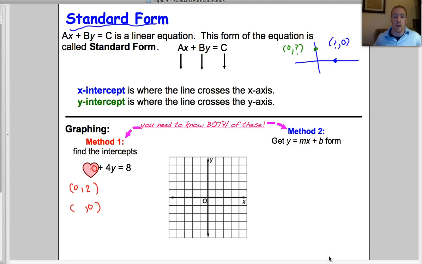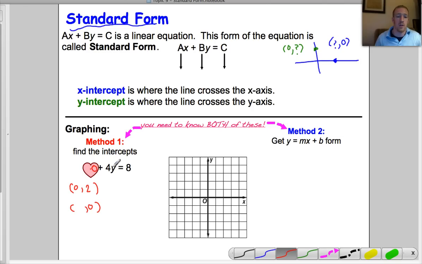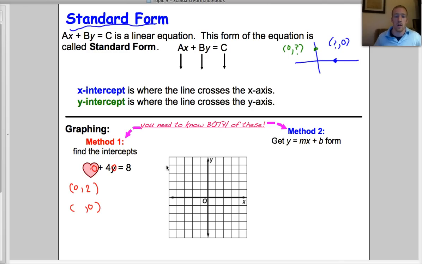And if I'm plugging in a 0 for y, I would literally cover this term with my finger, and I have the simple equation 2x, because the 0 has canceled that term, 2x equals 8. So x has to be 4.